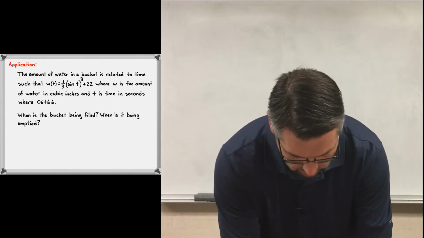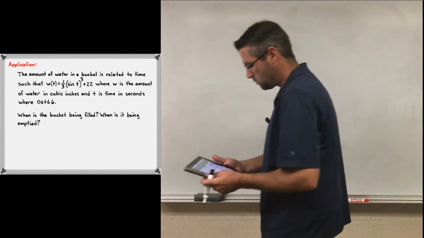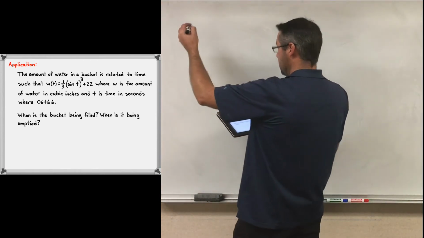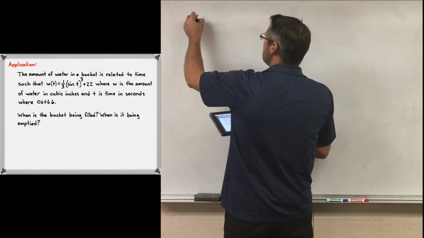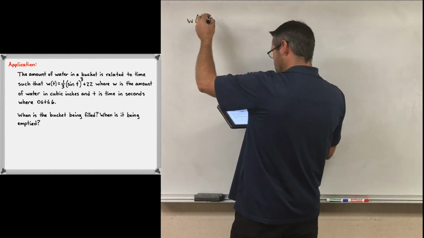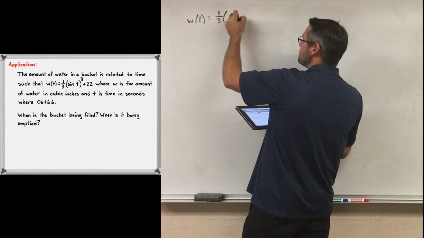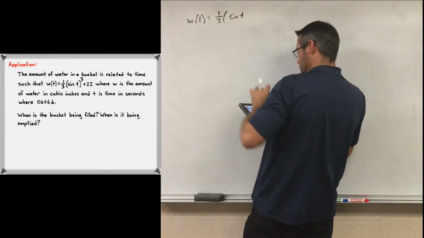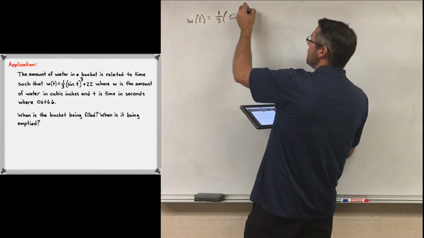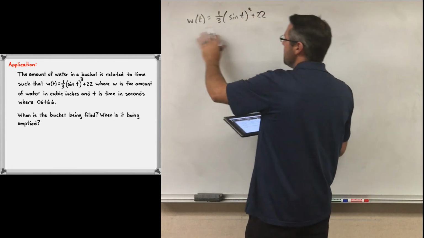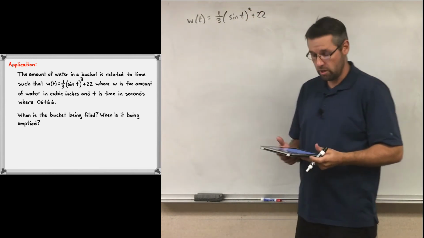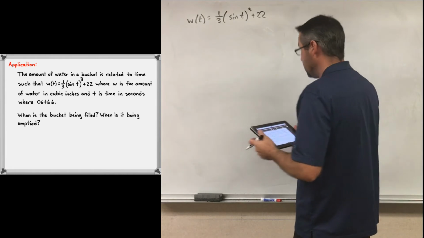The amount of water in a bucket is related to time such that W of t is equal to 1/3 sine of t cubed plus 22. So W represents the amount of water in a bucket in cubic inches.